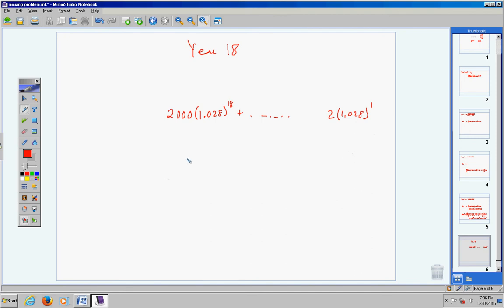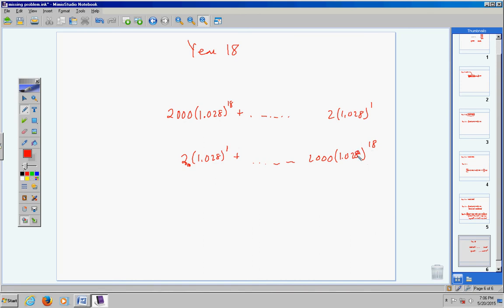Now I'm going to flip that. I'm going to say my first term is 2,000 times 1.028, and then plus all the way to 2,000 times 1.028 to the 18th.